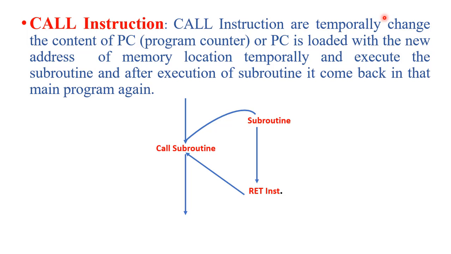Next is call instruction. In case of call instruction, we temporarily change the content of the program counter. What is the difference between jump instruction and call instruction? In case of jump instruction, we permanently change the content of the program counter, whereas in case of call instruction, we temporarily change the content of the program counter, or the program counter is loaded temporarily with the new address of the memory location where the subroutine is stored, and that subroutine is executed, and after execution of the subroutine the microcontroller returns back to the main program again.